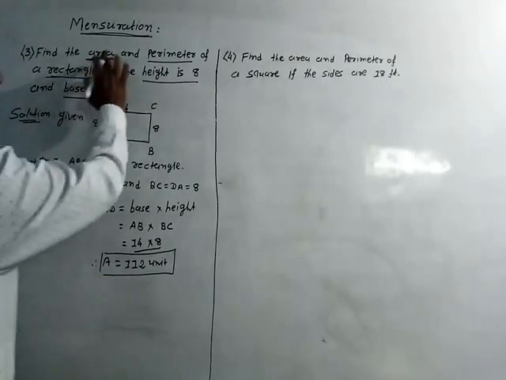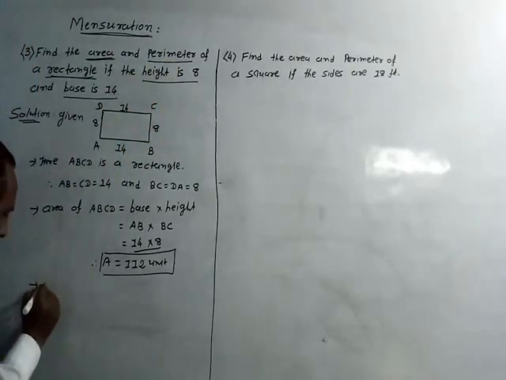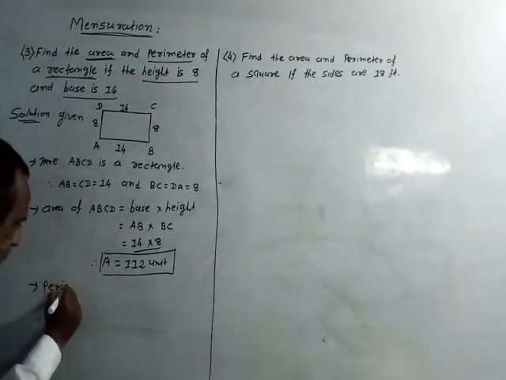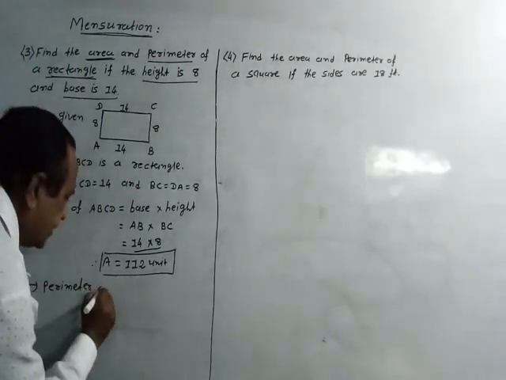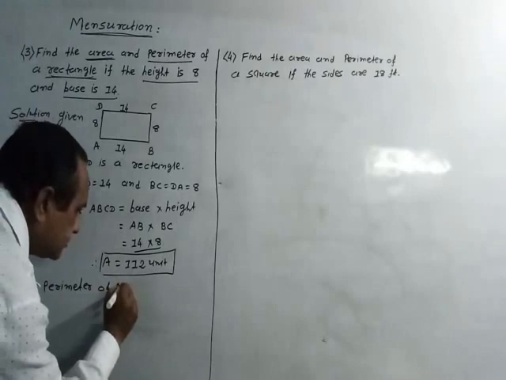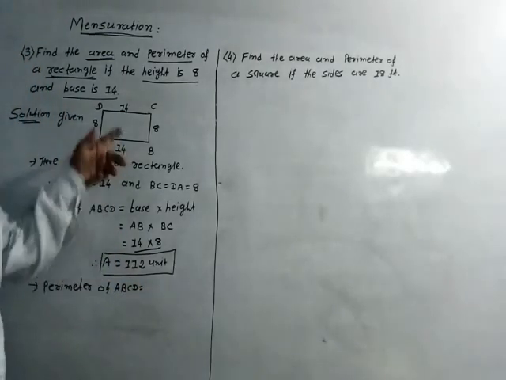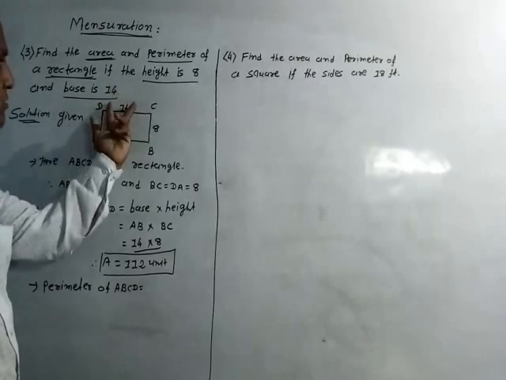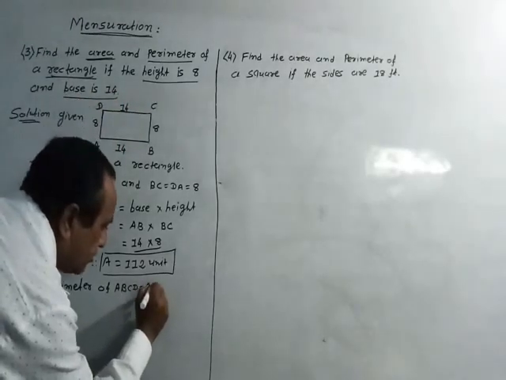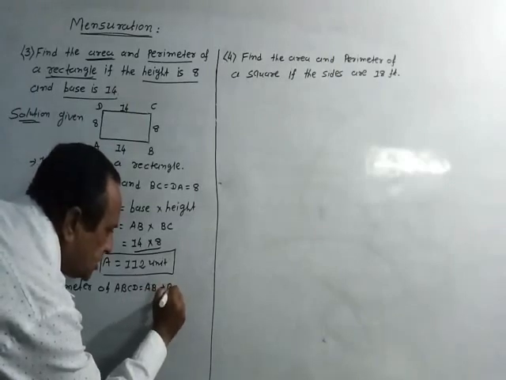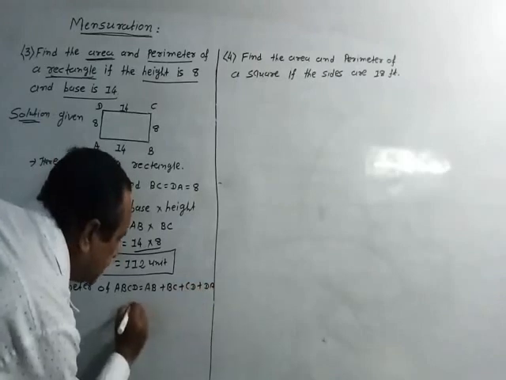Now area and perimeter. So second, find the perimeter. Now here perimeter of ABCD is AB plus BC plus CD plus DA.